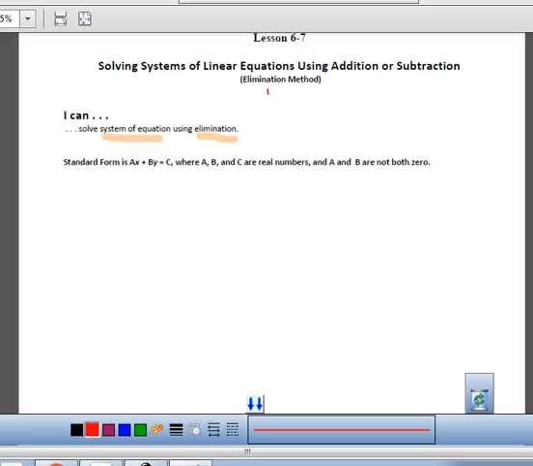So for elimination, everybody write this down. When we have a system of equations, we usually have a couple of variables. So you need to eliminate a variable to solve for the other one.